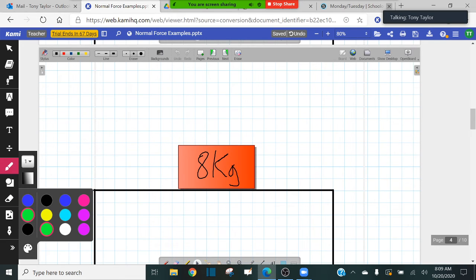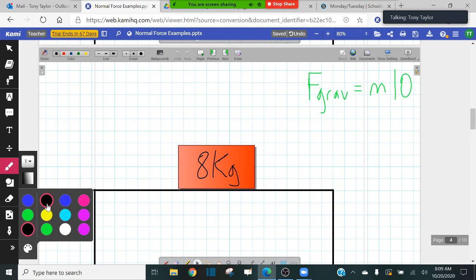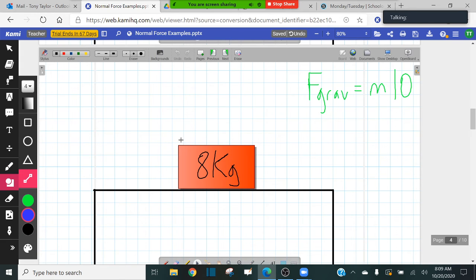And once again, the equation for the force of gravity is equal to mass times 10. Okay. Now, guys, imagine someone is pushing down on this surface. Let's say someone is pushing down on this surface with a force.